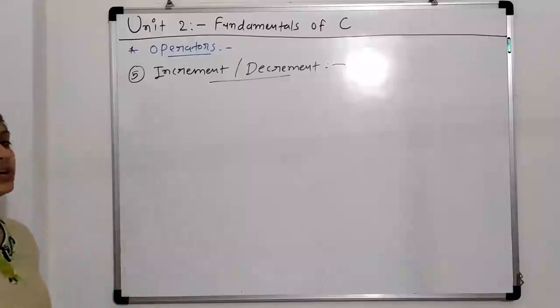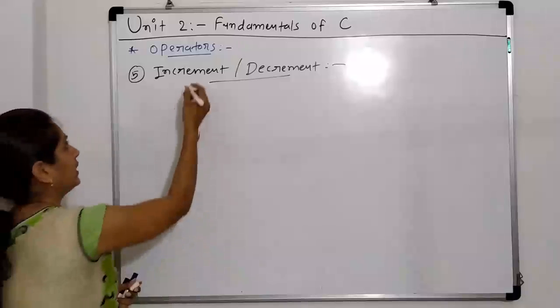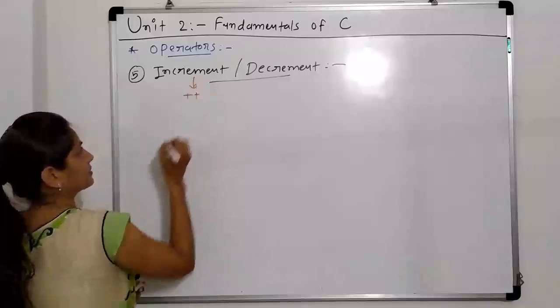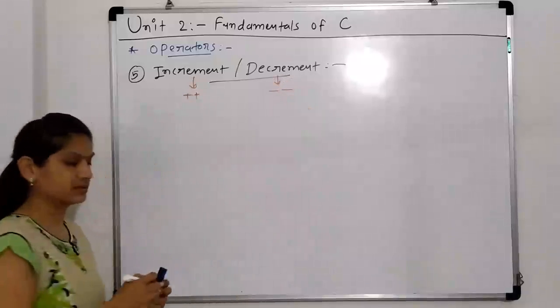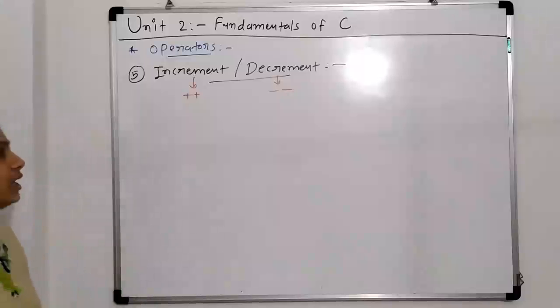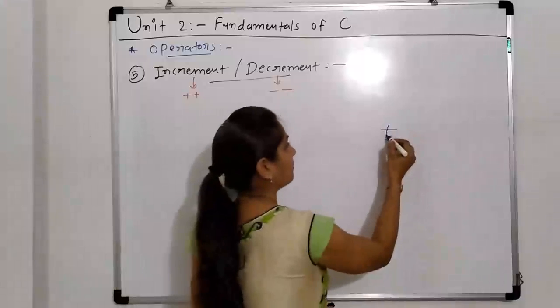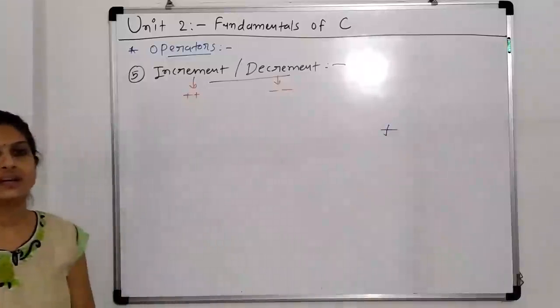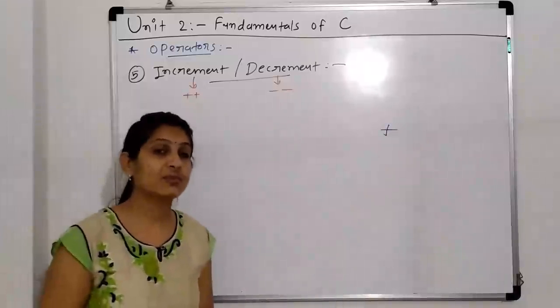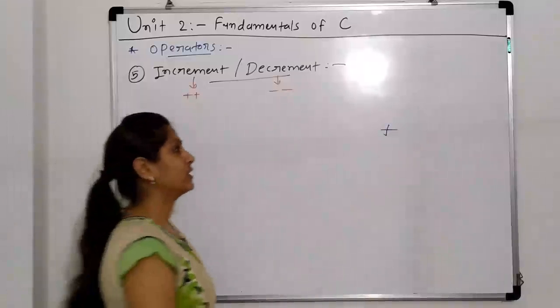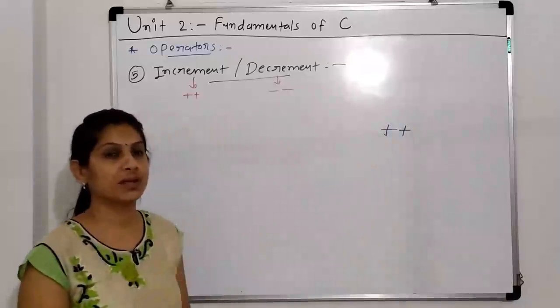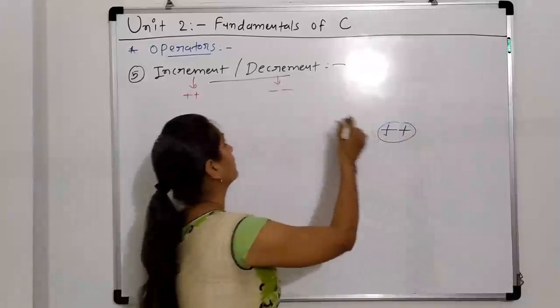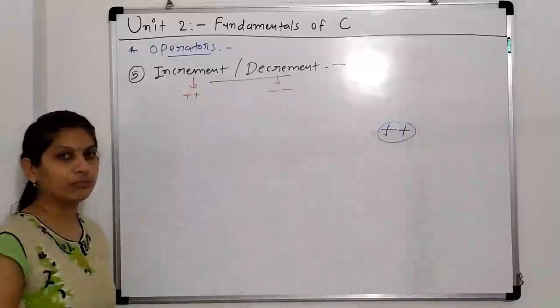The symbol for the increment operator is plus plus, and for the decrement operator minus minus. Means if you are writing a simple plus, then it is known as the arithmetic operator, but if you are using plus 2 times, plus plus, then it is nothing but the increment operator.